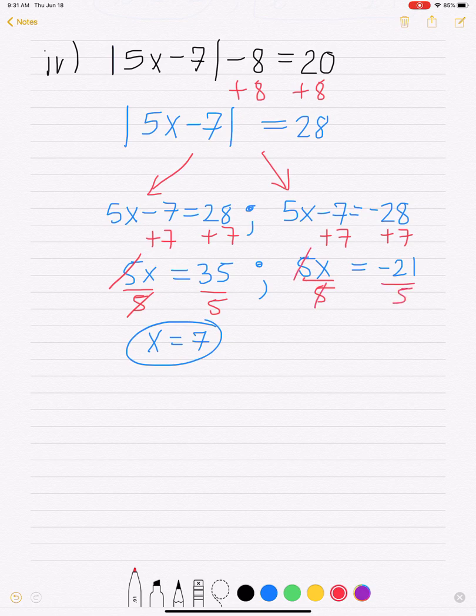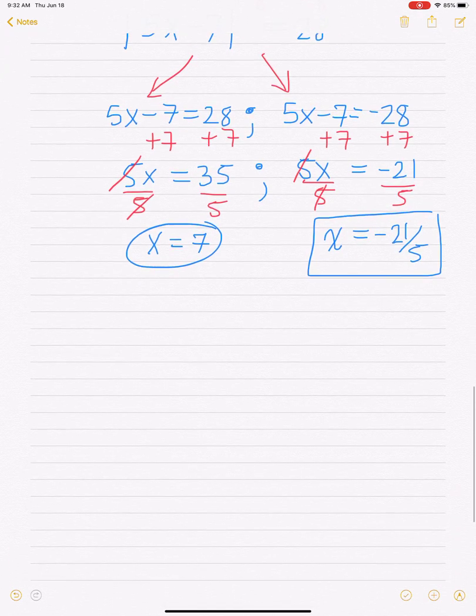Then we're going to get x equals negative 21 over 5. So yeah, there are your two answers. If you wanted to, you could write that as negative 4 1/5, or negative 4.2, but I'm just going to leave it like that. Negative 21 over 5.